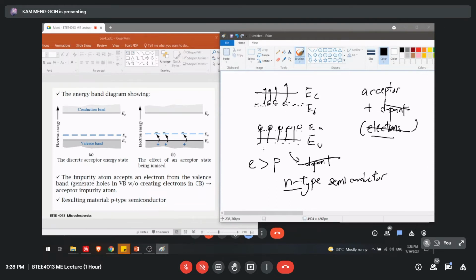So right now you can create more extra holes here. Originally all are full with holes only, and right now you're trying to create more holes here. So if you have the other way around, holes more than electrons, this will become the P-type semiconductor.